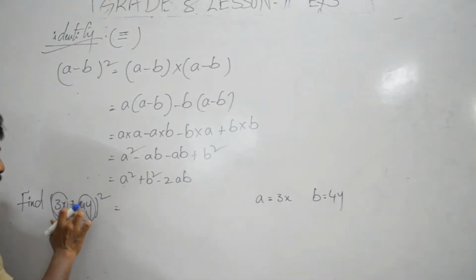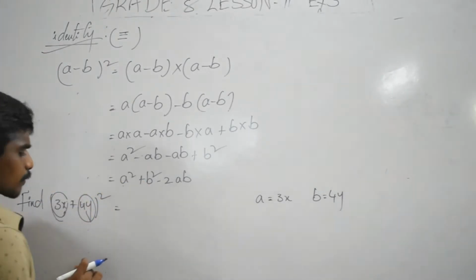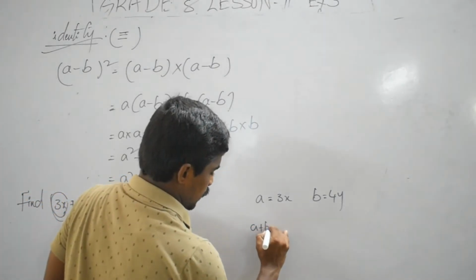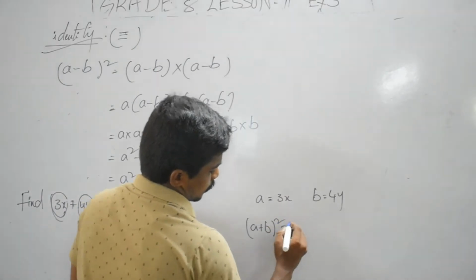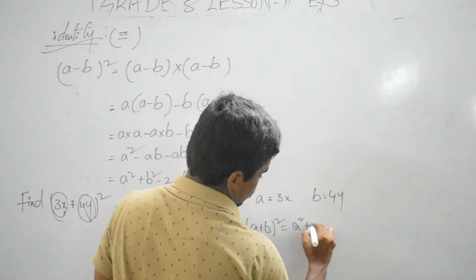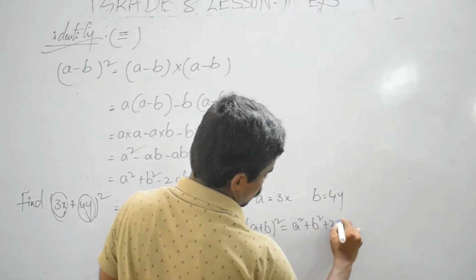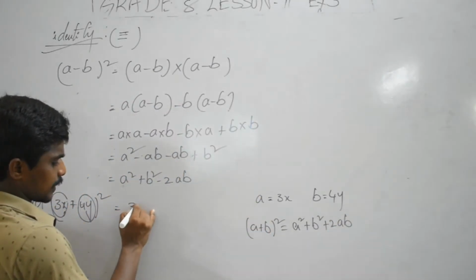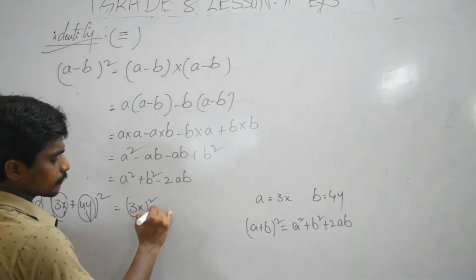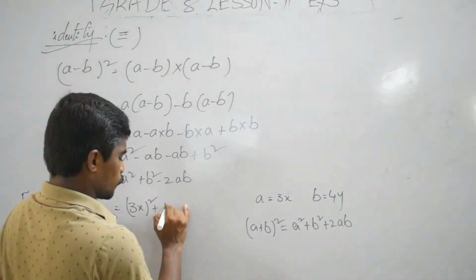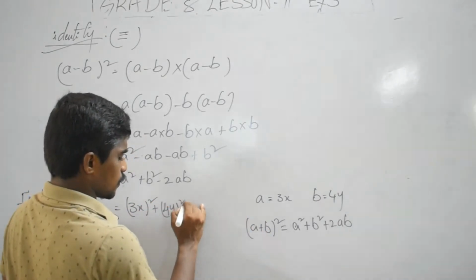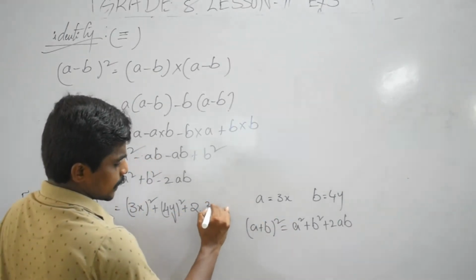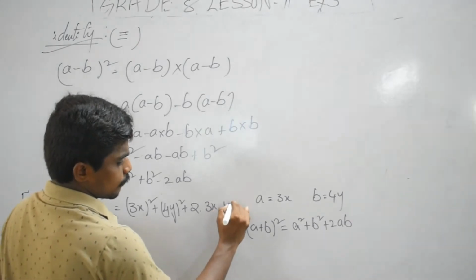Now (a plus b) whole square, what is the formula? A square plus b square plus 2ab. Now a square is 3x square, b square is 4y square, plus 2ab, 2 times 3x times 4y.